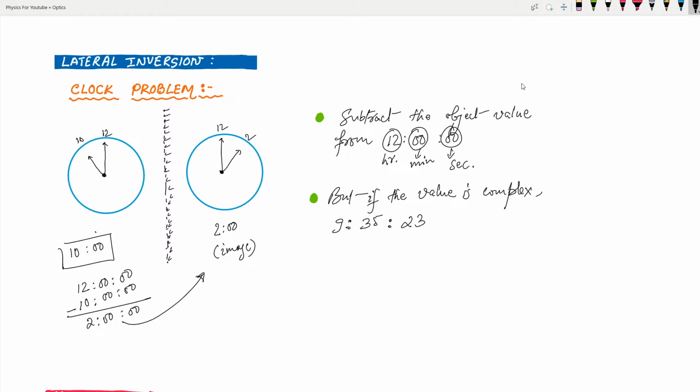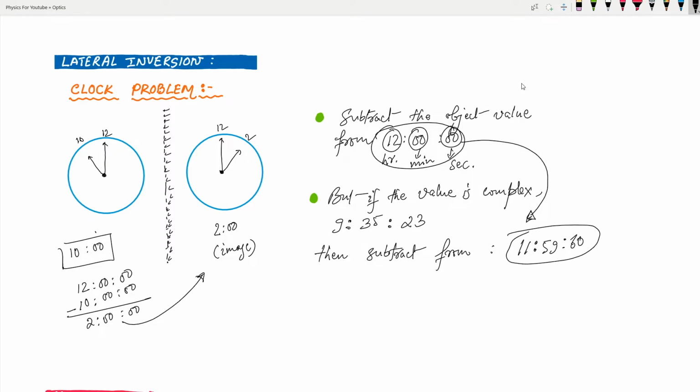You need to find that out. In this case, in order to get it very simply, you need to subtract this value from 11, 59, 60. What I did, I converted this 12 o'clock into this. This is same as 12 o'clock only. See, 11 hours, 59 minutes and 60 seconds. 60 seconds means 1 minute.